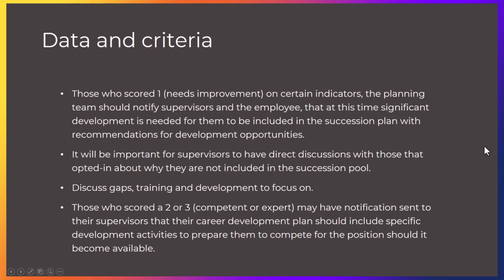This person may not be leaving for a couple of years, but we're saying you expressed interest in this position, now that we're starting this succession planning development, here's how to develop for that position once it does become available. It's not immediately available, right? So we're not saying, okay, we're going to put you into the interviewing process for this. We're just saying, in the future, this is what you can do if you're interested in this position. This is how to get there.